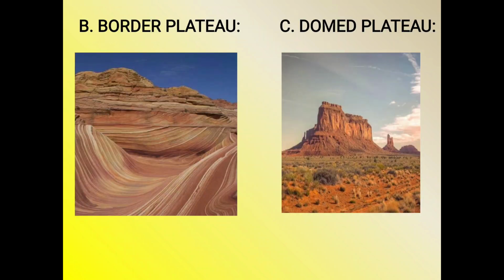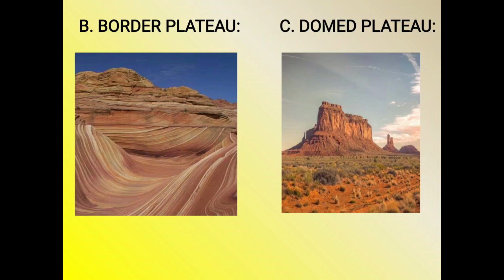Next is part B, that is border plateaus. Many plateaus border mountain ranges and owe their present position to the same uplifts that raised the mountains. Piedmont Plateau is an excellent example of border plateaus. This plateau is a strip of land that stands between the Atlantic coastal plains and the Appalachian Mountains.